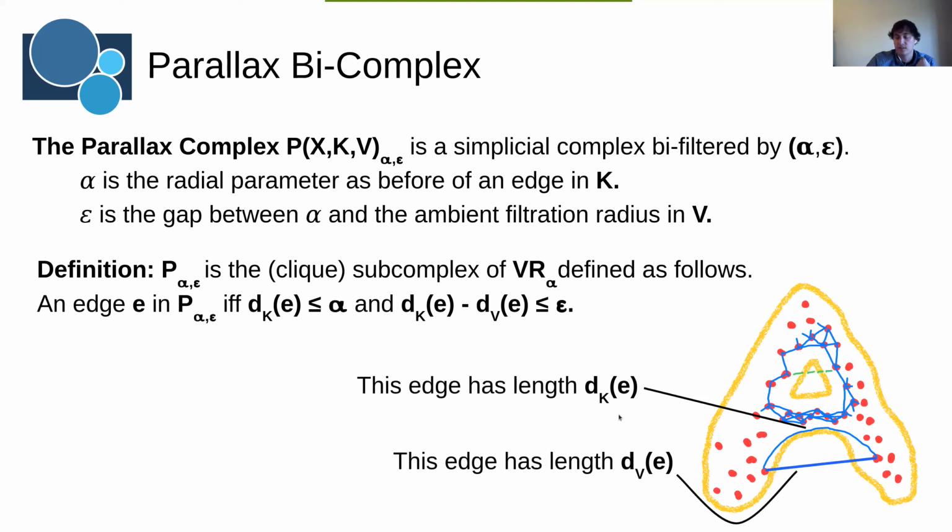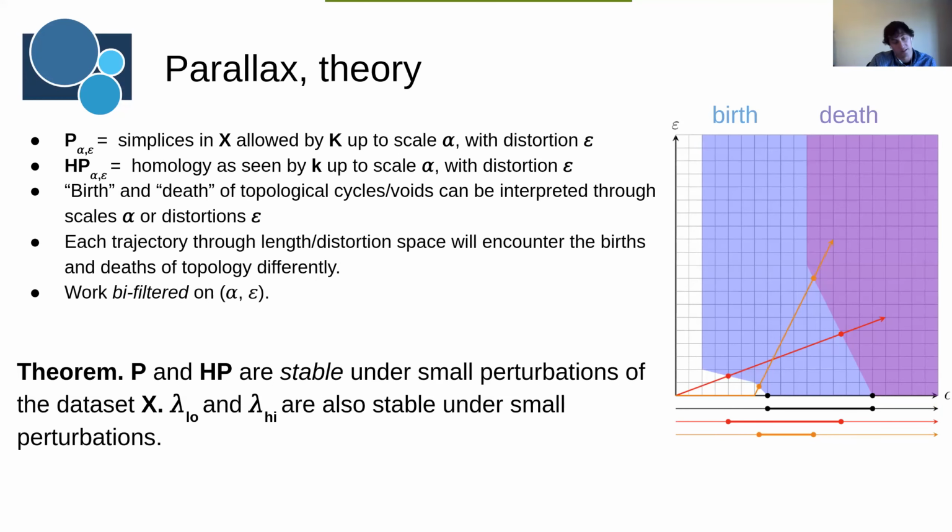The length of this edge in the ambient metric space or ambient vector space is denoted d_V, whereas the new edge is d_K. Remember, K is the model. If you're interested in the details of this, I'm happy to come back over it, but in the interest of time, I'm going to go fast through that slide and through this slide.